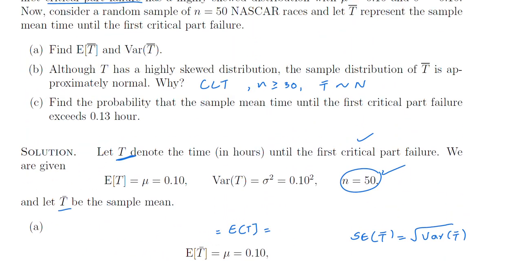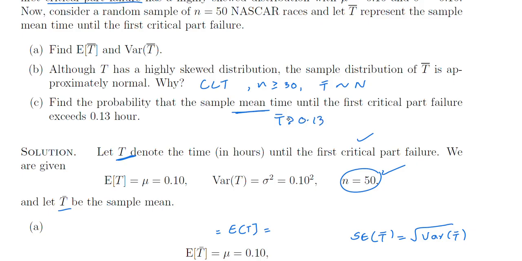Okay, part C. Now we know the distribution of T bar, its variance and expected value. So we can use those facts to answer part C, which asks us to find the probability that the sample mean time, which is T bar, until the first critical part failure exceeds 0.13.